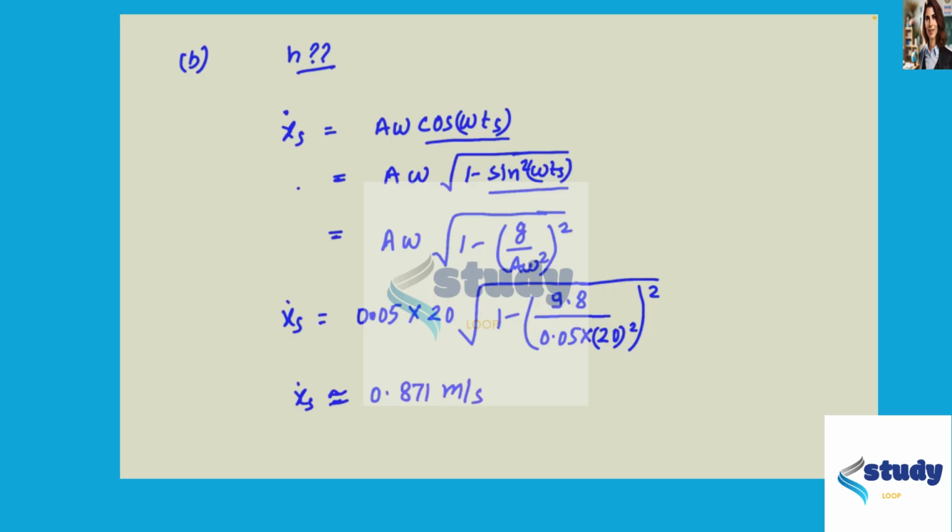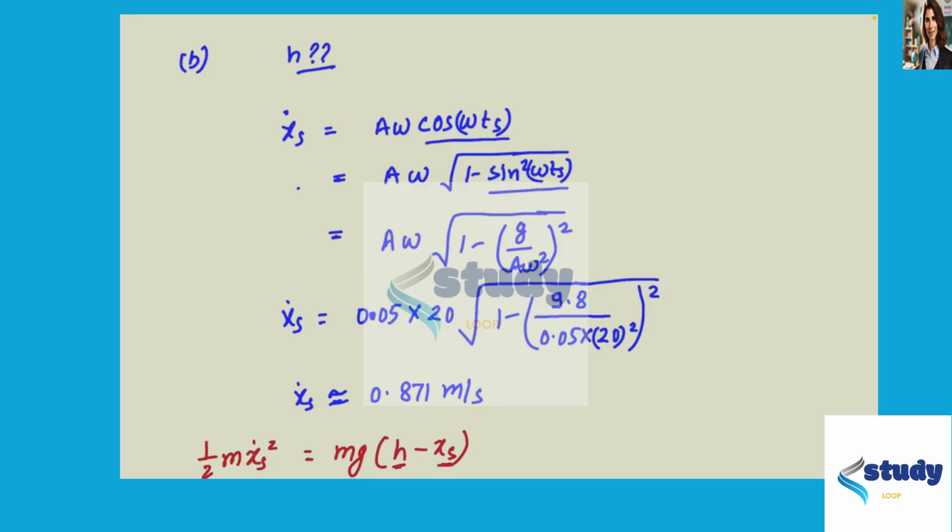Now applying the conservation of energy, we can write that 1 by 2 m x dot s square is equal to m g times h minus x s. Here h is the height measured from the maximum position, and xs is the separation distance. Hence h will be equal to xs plus x dot s square divided by 2g.